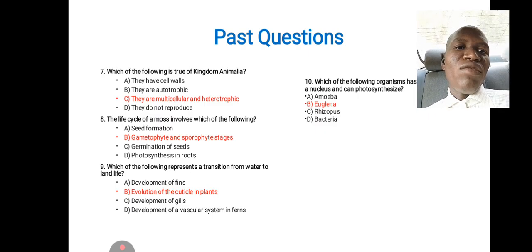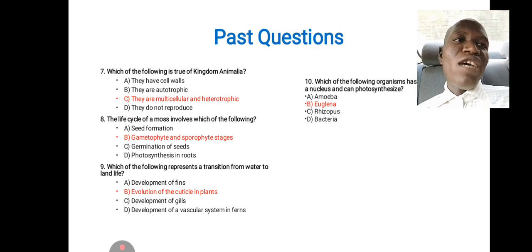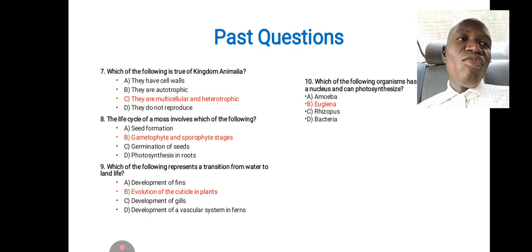Question 9. Which of the following represents the transition from water to land? Now, under evolution, it is believed that living organisms moved from water to land. That all life used to be in water and then moved to land.